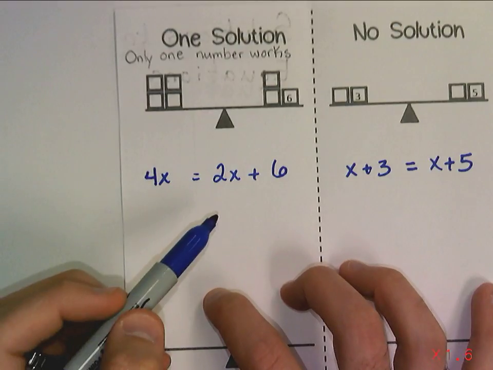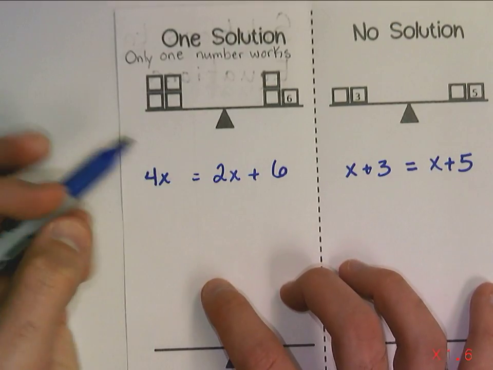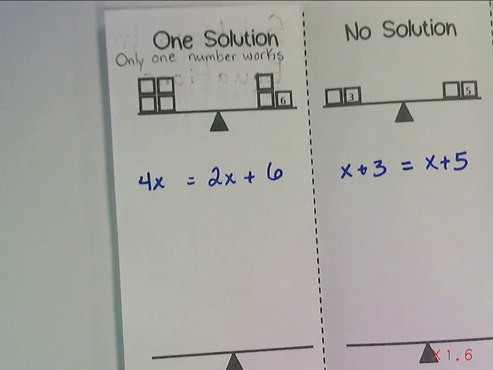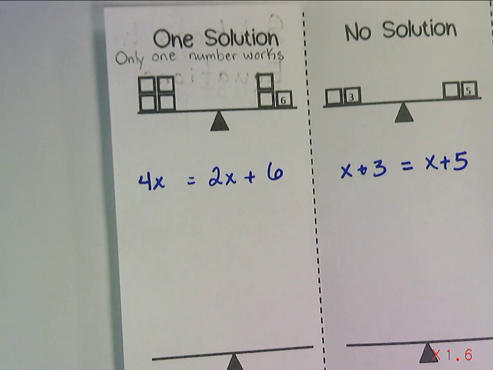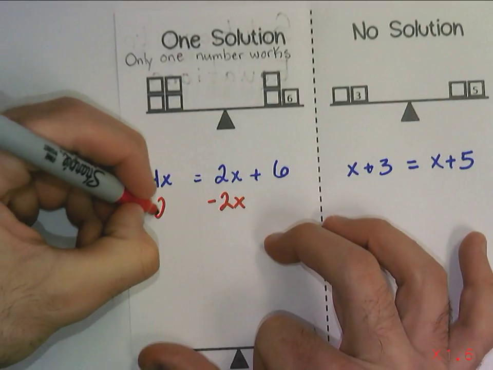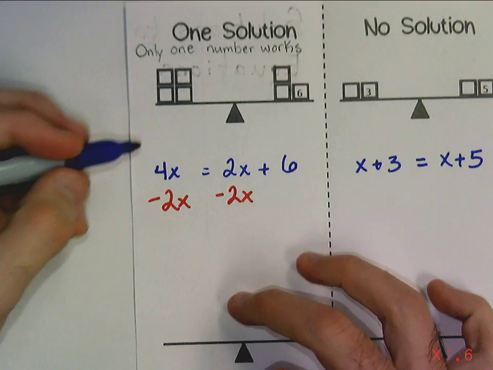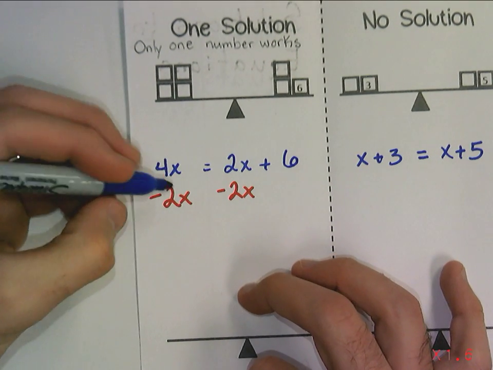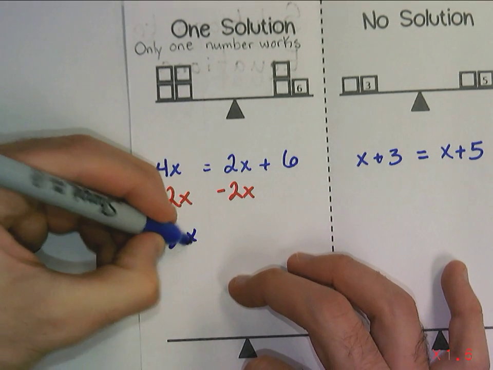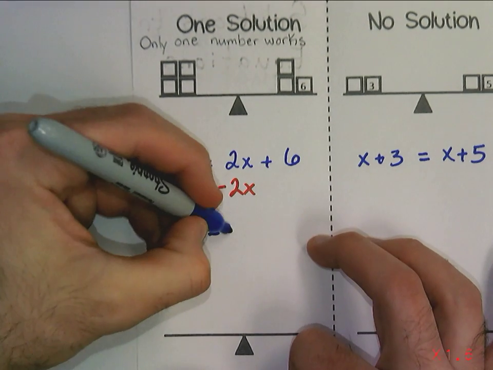And if we're moving variables, I need to move this 2x. Right now it's a positive 2x, so in order to undo it, I'm going to have to subtract 2x. Let's rewrite what I have. 4x minus 2x would leave me with 2x, and that's going to be equal to 6, which we still have on the right-hand side.